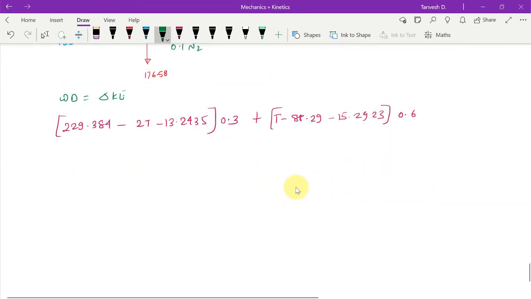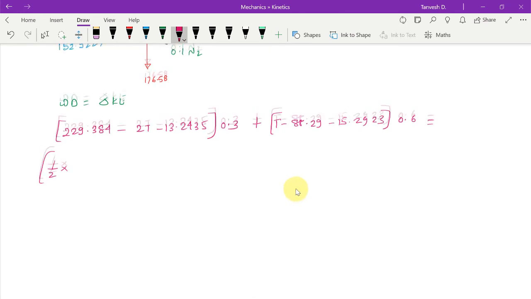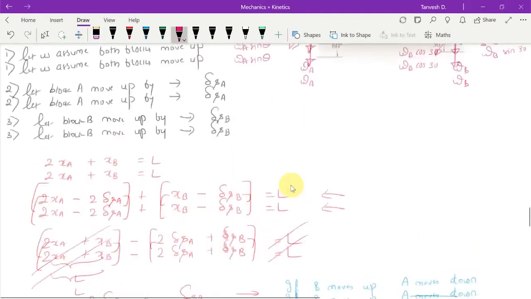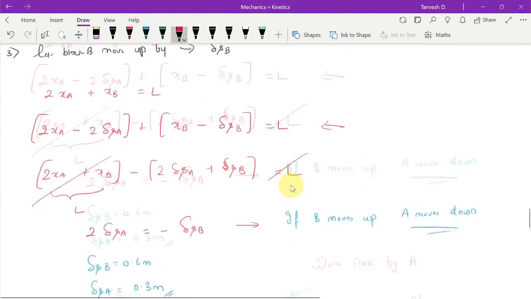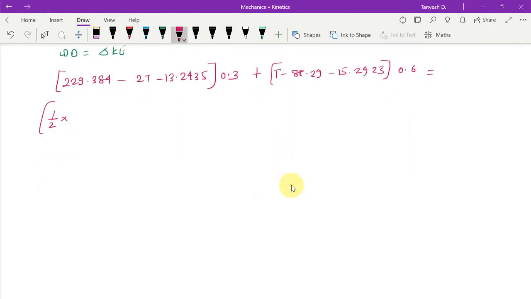This is equal to the change in kinetic energy. So half into, first I'll write for block A. The mass of A is 27 kg. So half into 27 into VA square minus 0 square.